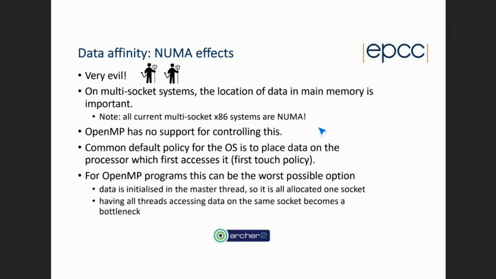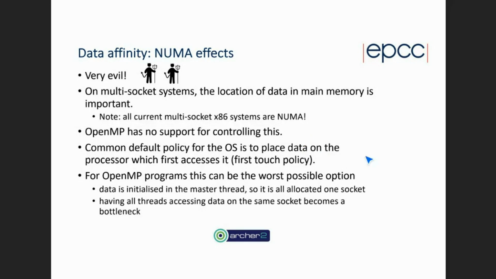Basically, this is important whenever you are running threads that expand. If your set of threads extends across more than one NUMA region in the hardware, then we need to worry. OpenMP doesn't have any support for controlling where the data is actually placed.